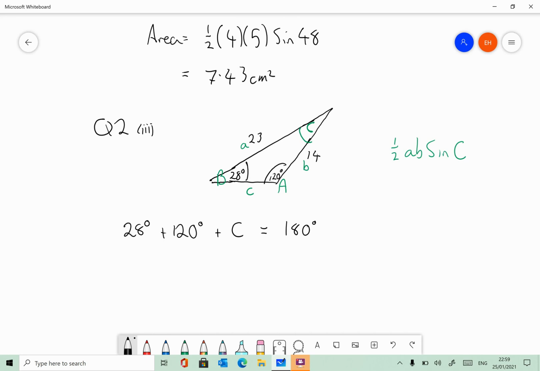And that's just a mathematical fact. Again, we won't get into why that is the case. That's just the way it is. You should know that from junior cert. So it's 180 degrees minus 120 degrees minus 28 degrees. And that's going to give us, probably 32, is it? 180 minus 120 minus 28 is equal to 32, yeah. So it's 32 degrees.